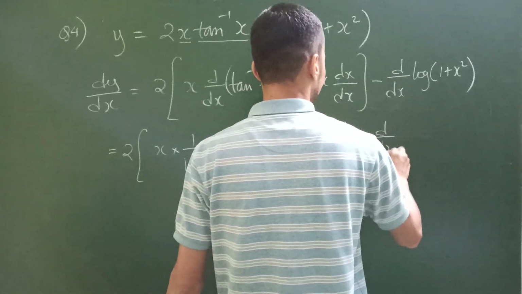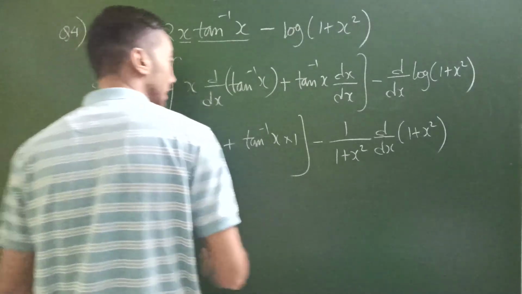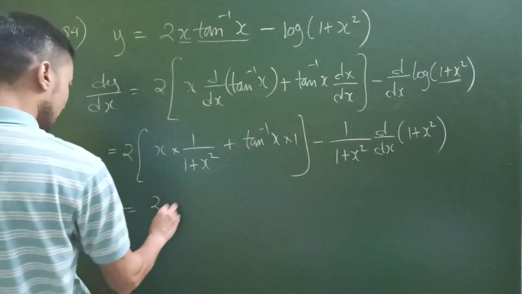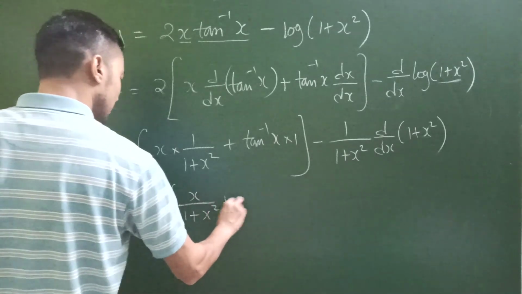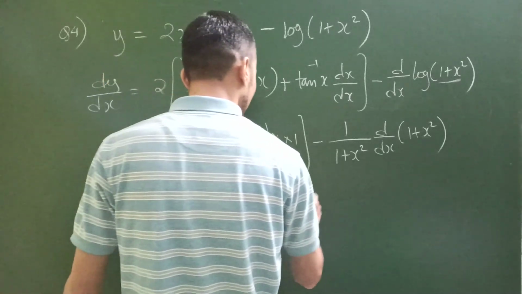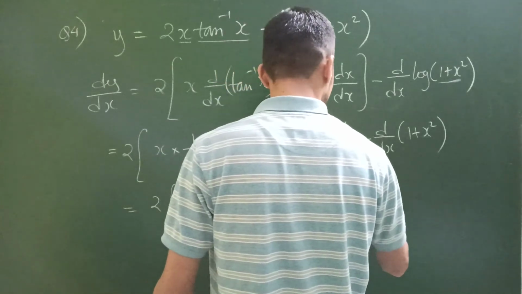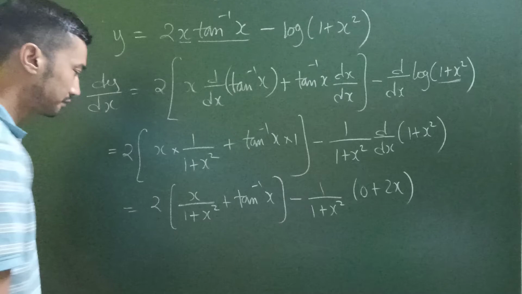But we have two functions, so chain rule follows because it's not x, the value is 1 plus x square. So twice x upon 1 plus x square, plus tan inverse x, minus 1 upon 1 plus x square, so 0 plus 2x.